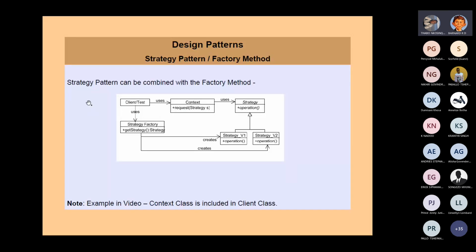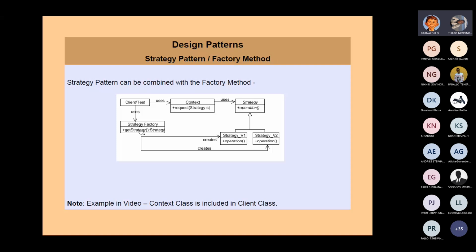Then this is something you'll see quite often. The strategy pattern and the factory method actually get combined. So you have your client, and that uses the context, as that's often included in the client, which in turn uses your strategy, the abstract base class. And then there are different derived classes for your different strategies.